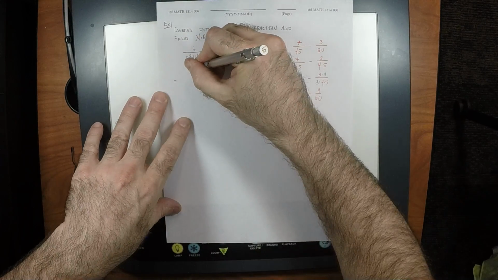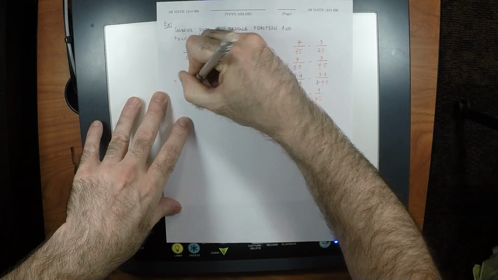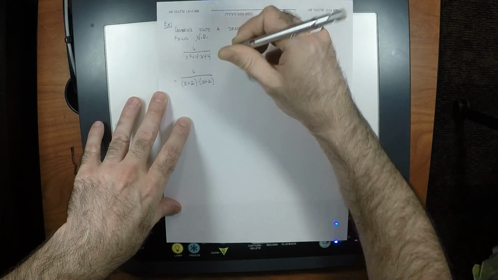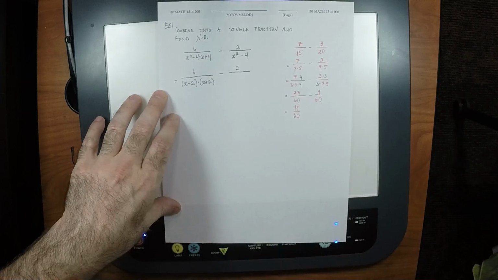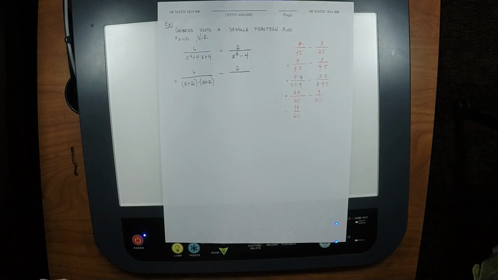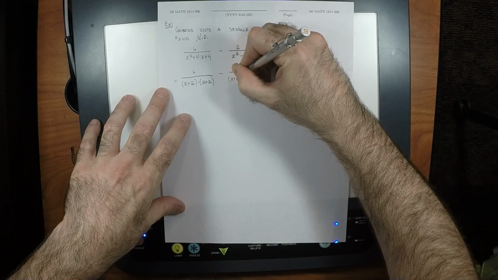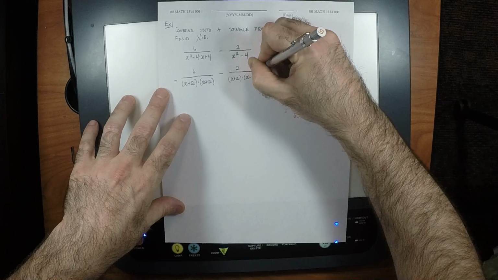So this would be 6 over x plus 2 and then multiply by another x plus 2, minus 2. And then how does x squared minus 4 factor? Very good. So like that.